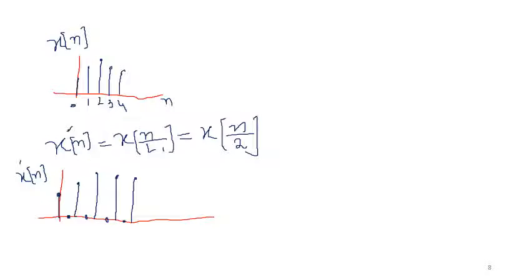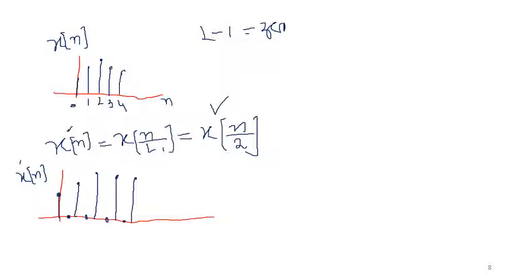That means we are basically inserting L minus 1 zeros in between the successive samples. So we'll insert 1 zero between 0 and 1, 1 zero between 1 and 2, and so on.